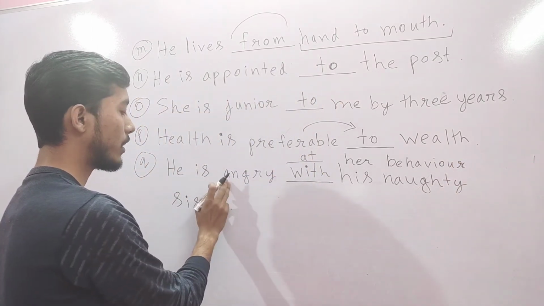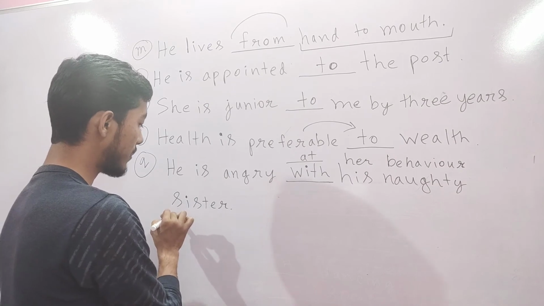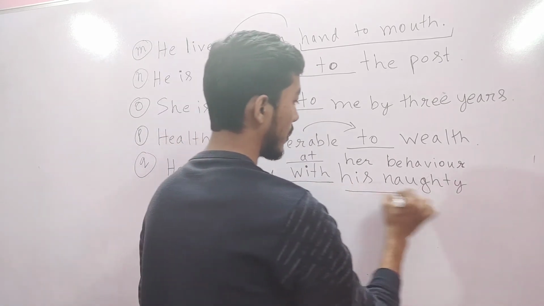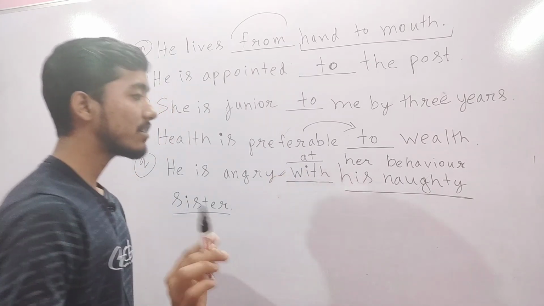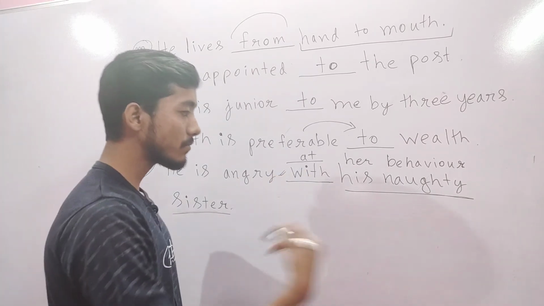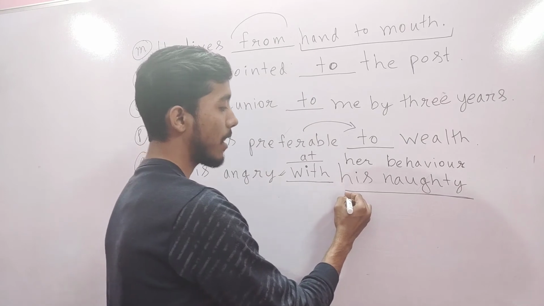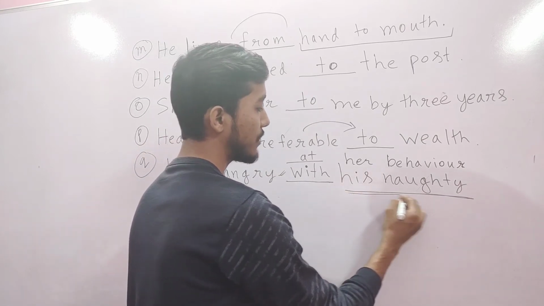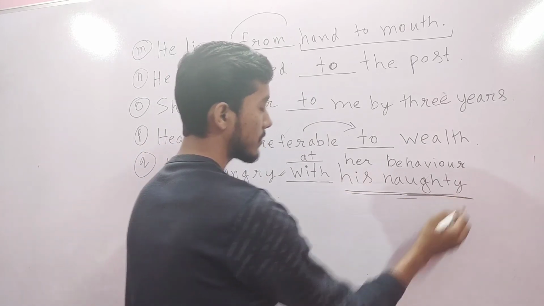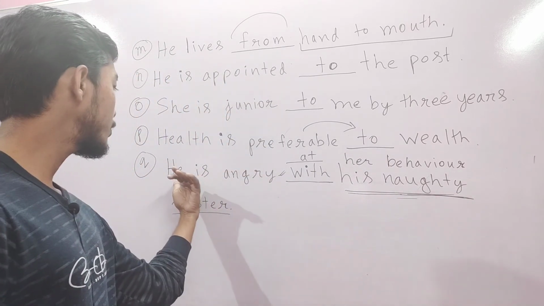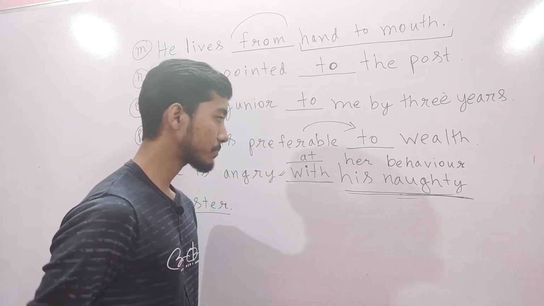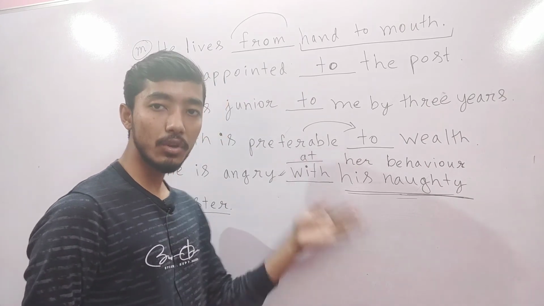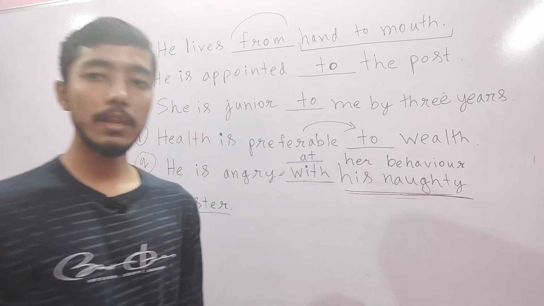But if we find sister, mother or any other relation, we are to write with. Understand the difference. If there is some person, a relation or somebody related to the subject, we write with. And if it is not the case, then we will write at.